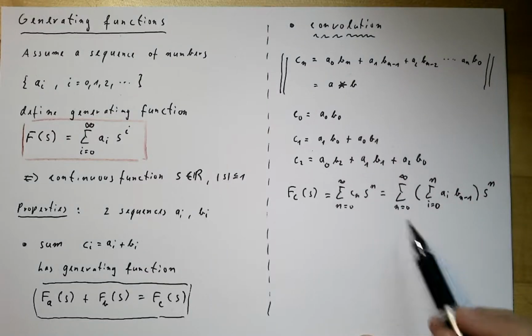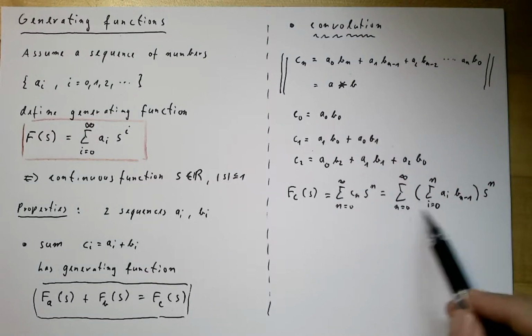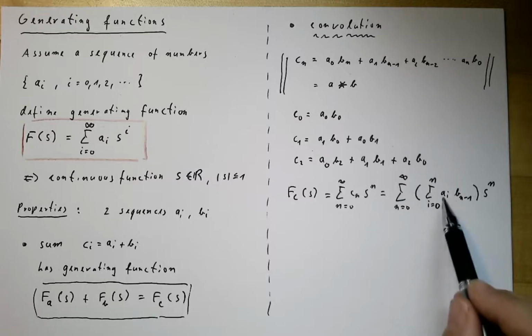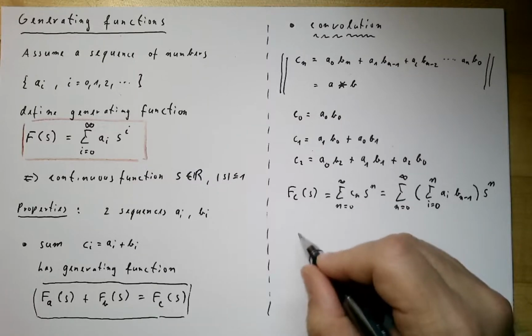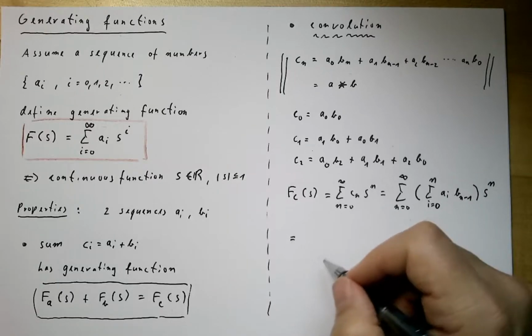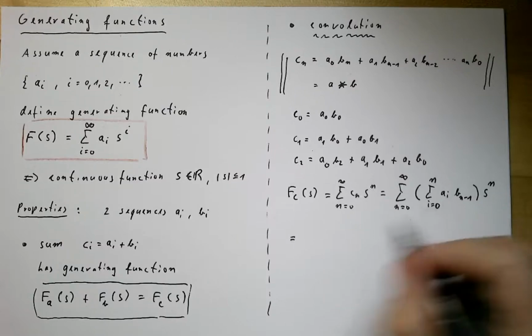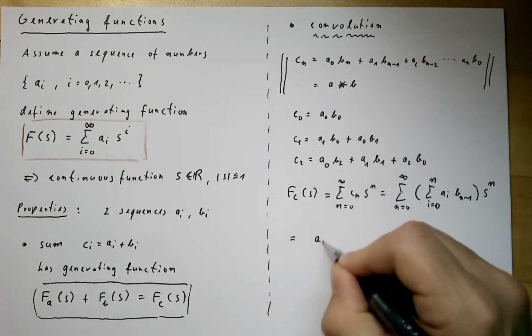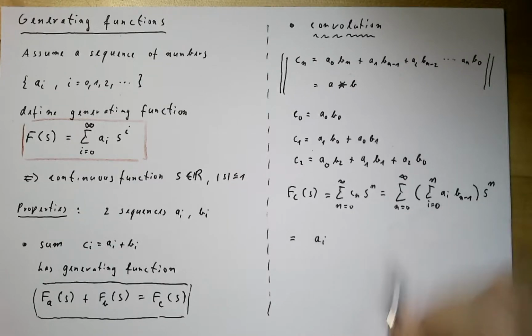Now when you work with these sequences, we want to change this expression in a way that we obtain the generating function of A and B. And so the first thing we do, let's write this A_I here. The sums come later.